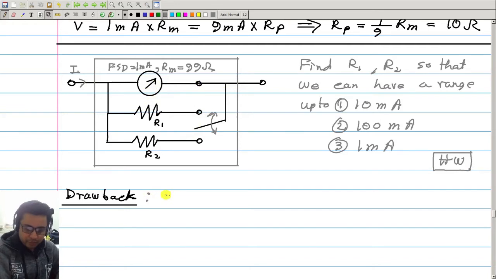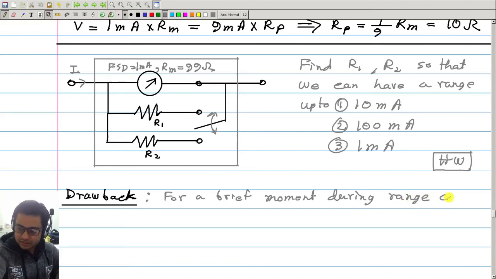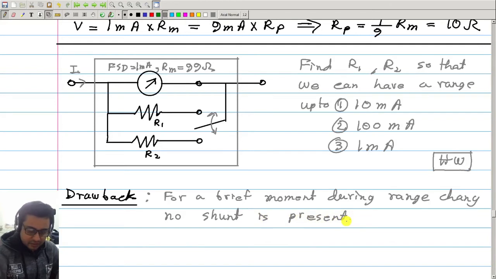So for a brief moment during range change, no shunt is present. That is problematic. One way of solving this is as follows.